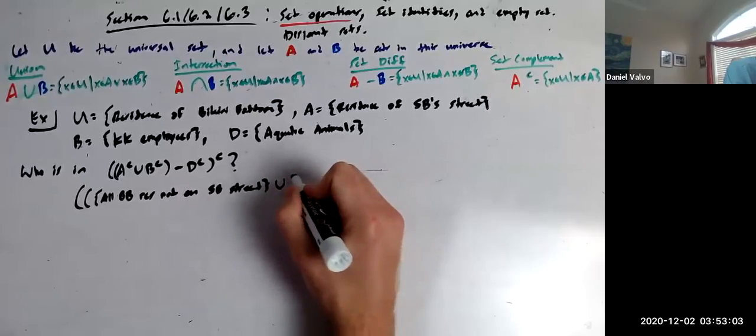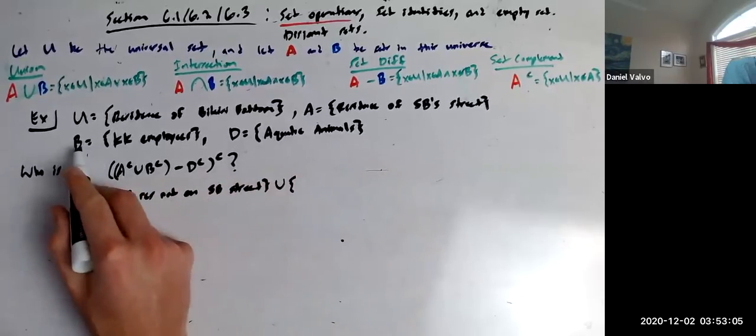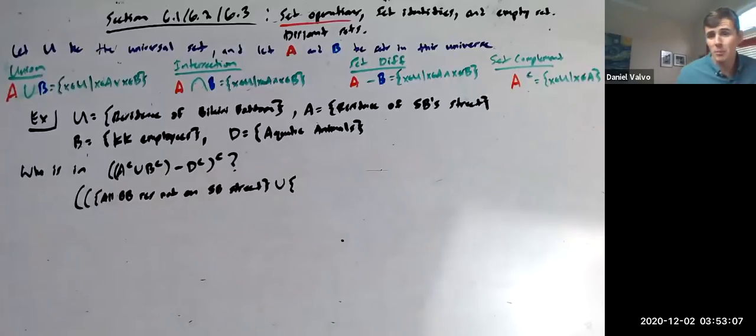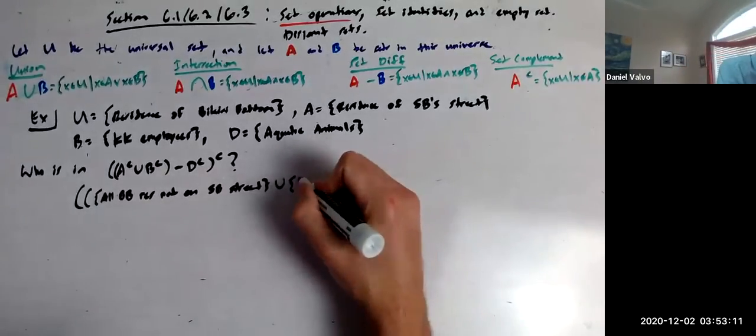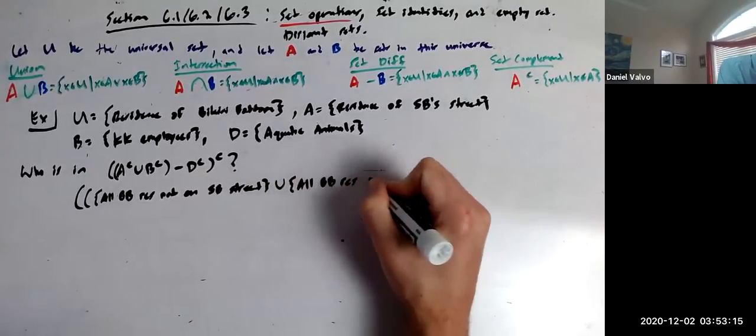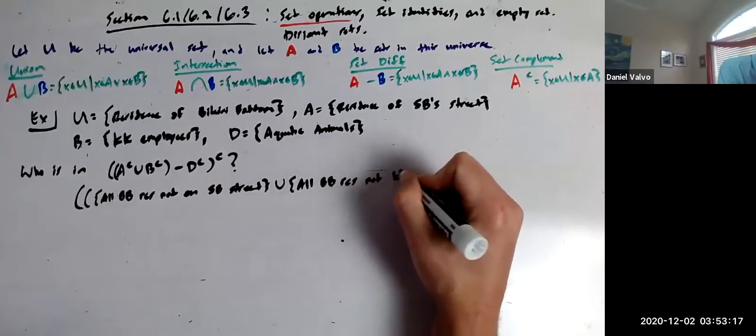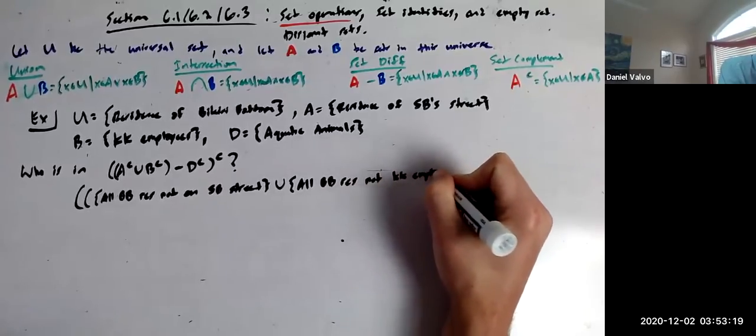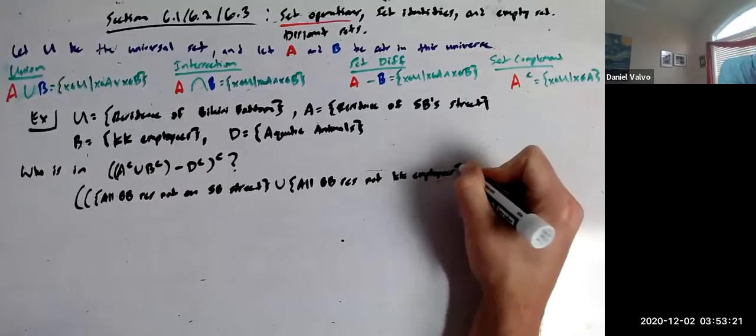We're going to union that with B complement, and B is Krusty Krab employees, so B complement is just all Bikini Bottom residents that aren't Krusty Krab employees. So this is all BB residents not Krusty Krab employees.